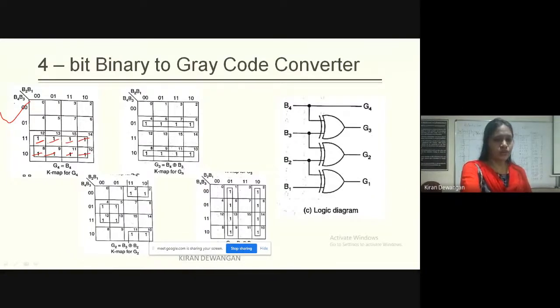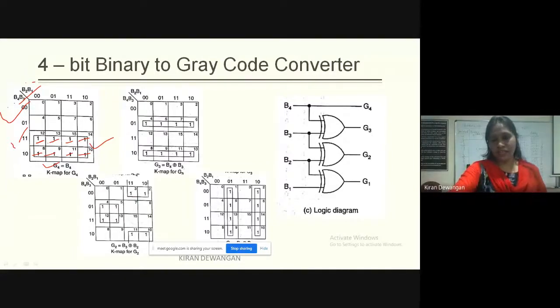So basically it will form a octet, and these are our inputs B4, B3, B2, B1. G4 is nothing but B4, because for all these 8 min terms, only B4 is going high. So it is just B4.